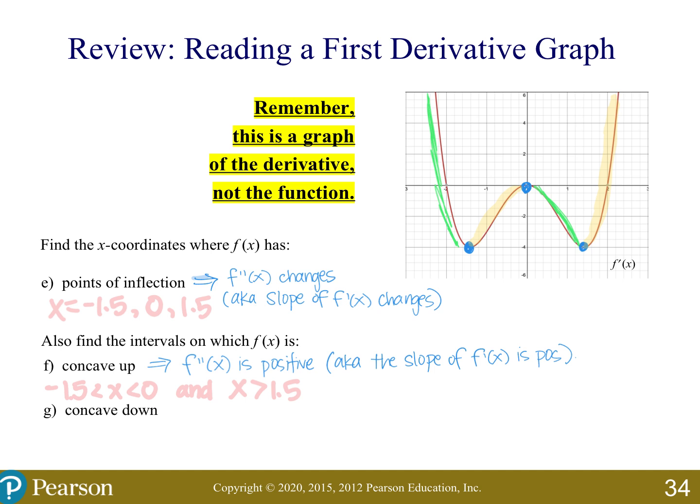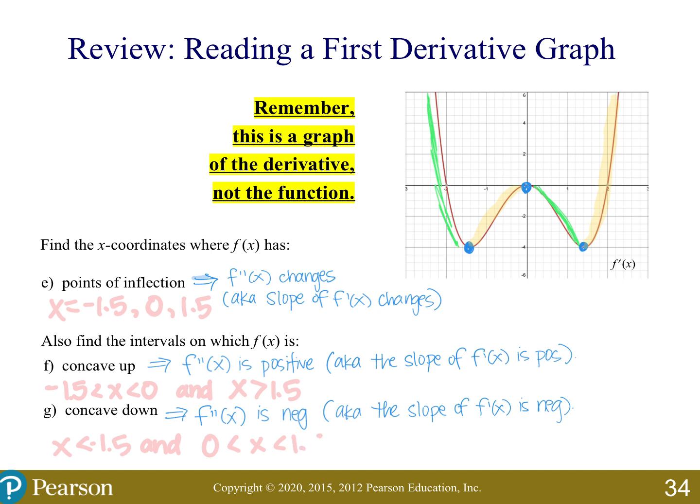And so let me see. We want to say it's concave down when f double prime is negative, which means the slope of the derivative graph is negative, which then takes us to x being less than negative 1.5 and x being between 0 and 1.5.